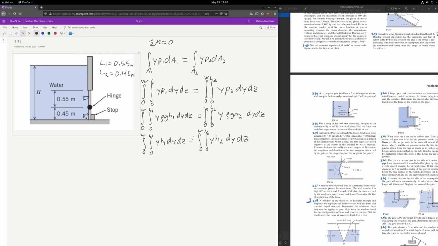Now another thing we can also do is, we know that for this integral over dz, nothing here depends on our depth, or sorry, our width, which means we can take the integral on both sides, which means we'll get the width w on both sides, and they'll cancel out.